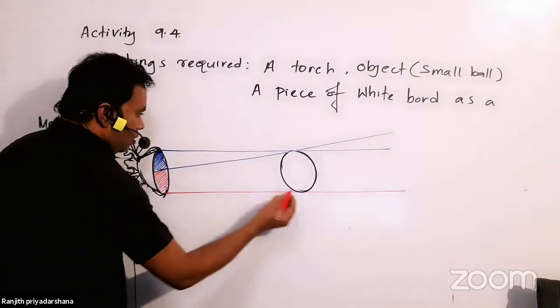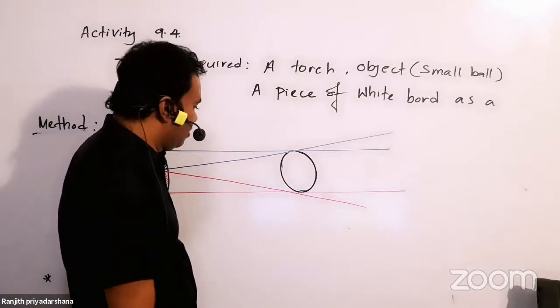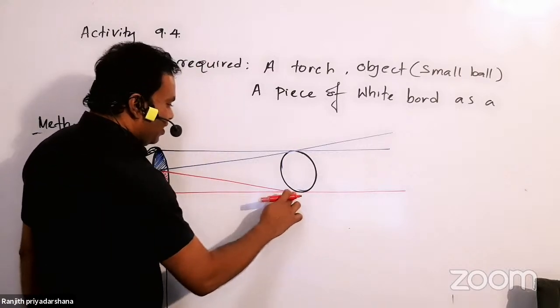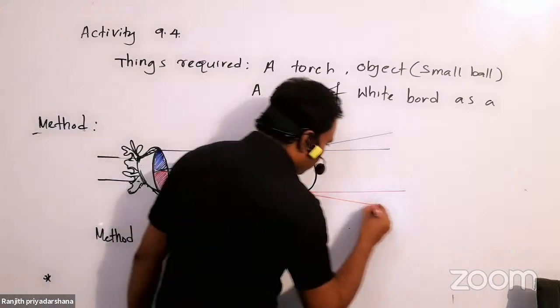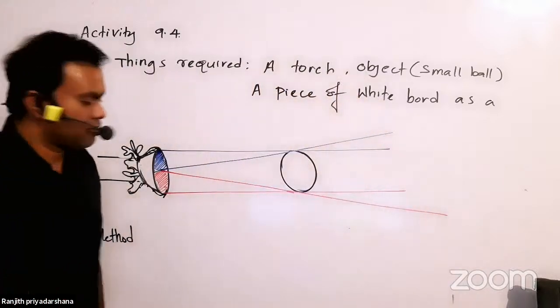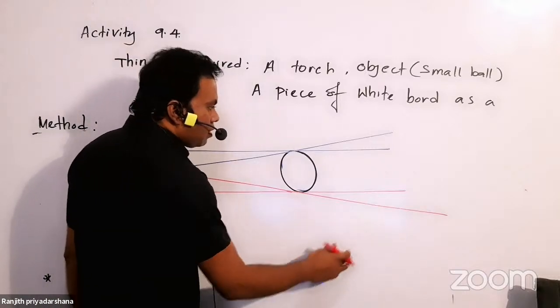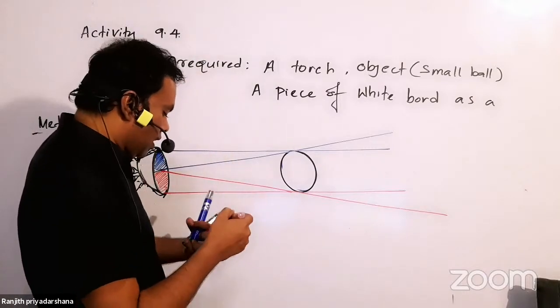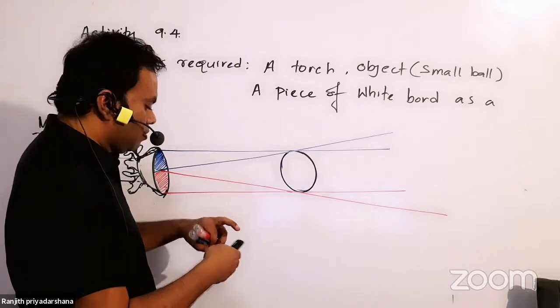Next it goes through the bottom of the object. It's okay now, it's fine. But I am using an invisible ruler, a ruler that you can't see.